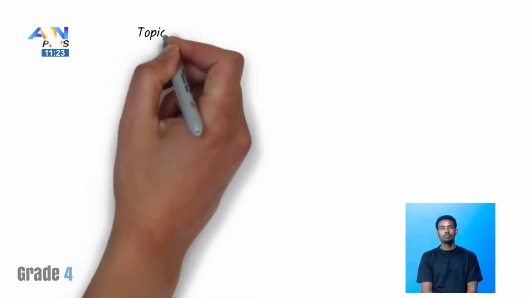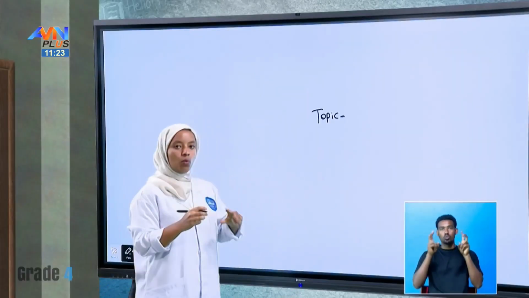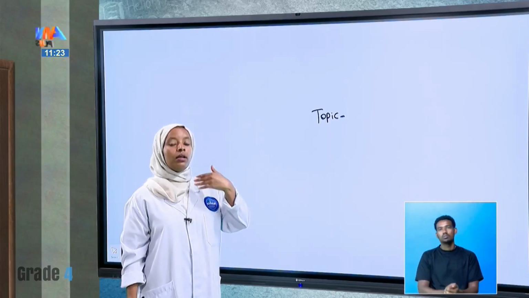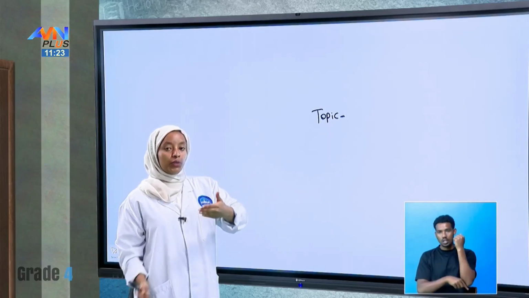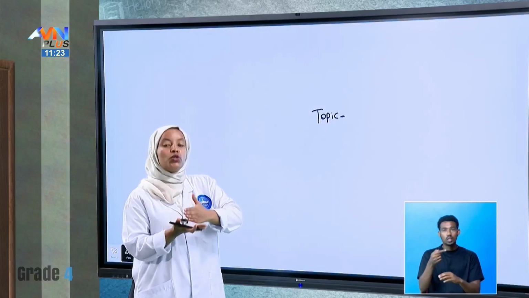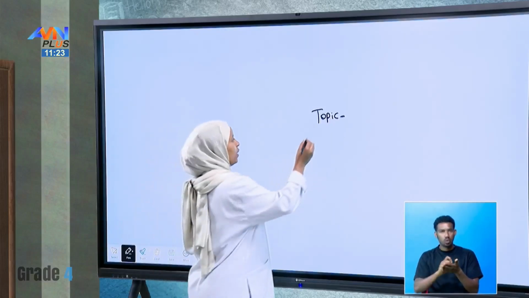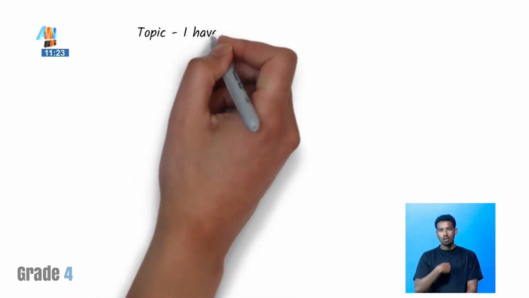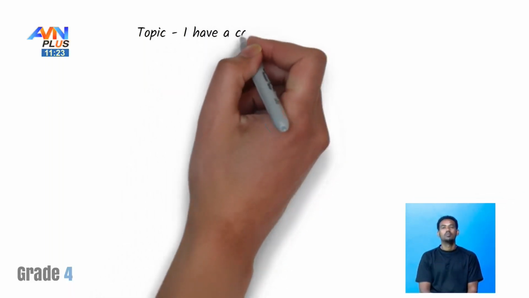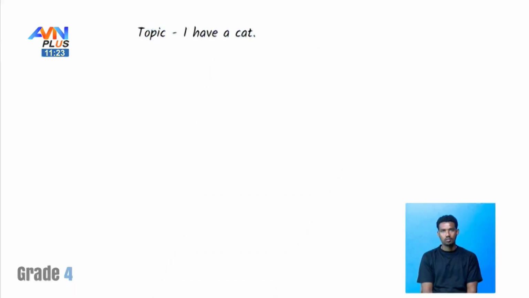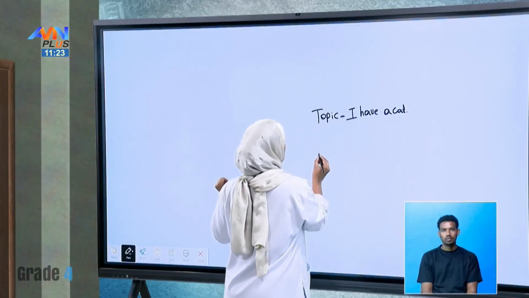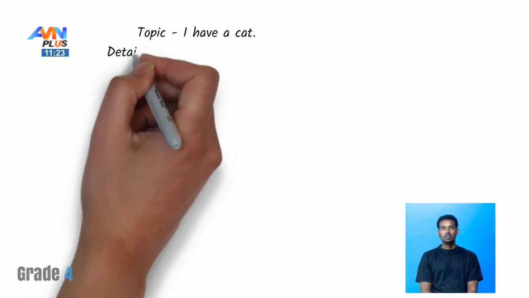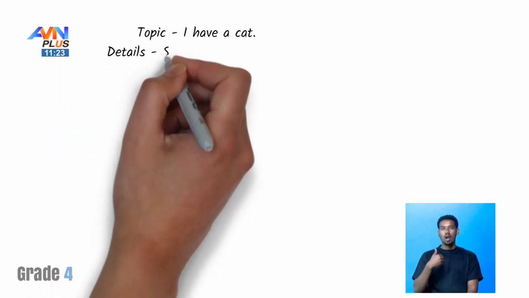The topic is one line that tells you what you are going to write before the details. So what are we going to say? I have a cat. Now let us start the details.